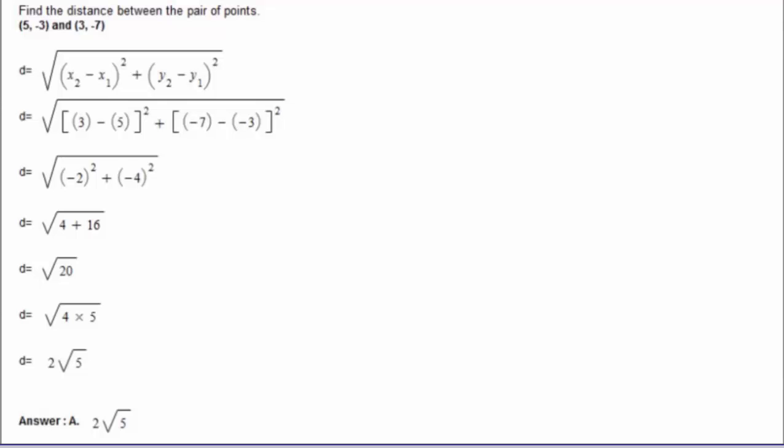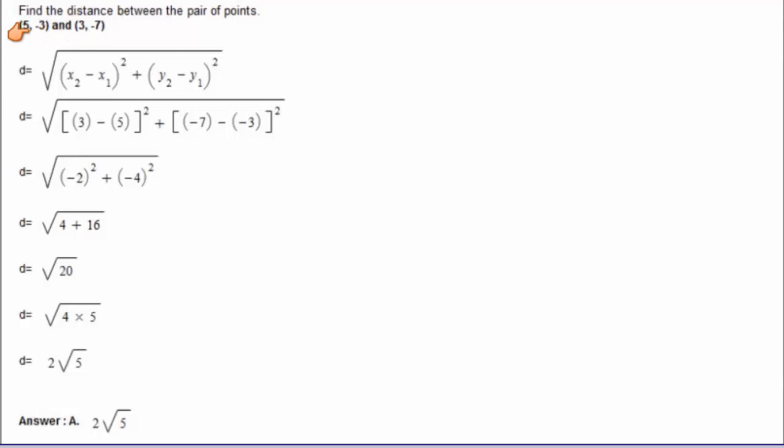We have the distance formula is equal to the square root of x2 minus x1 squared plus y2 minus y1 squared. So you have to pick these 2 points and label them, point 1, point 2.